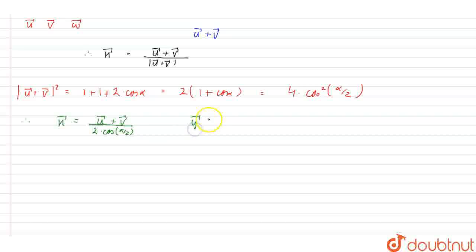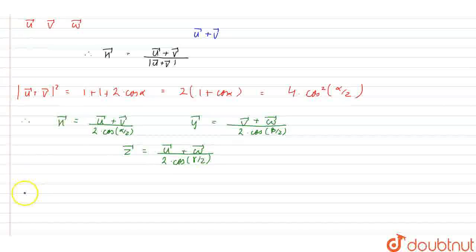Similarly, y vector will be equal to v vector plus w vector divided by 2 into cos beta by 2, and z vector will be equal to u vector plus w vector divided by 2 cos gamma by 2.